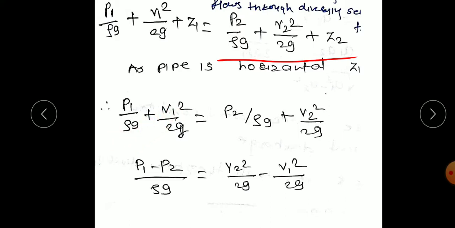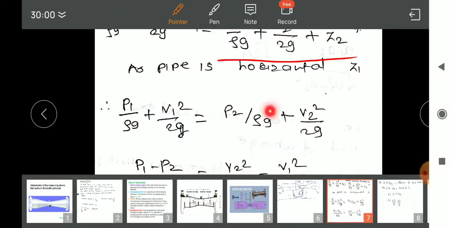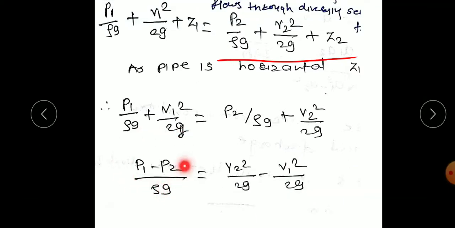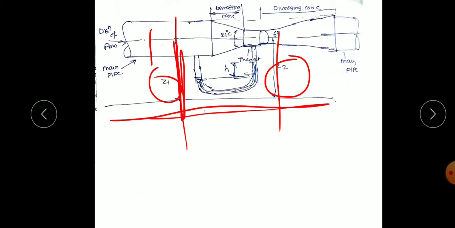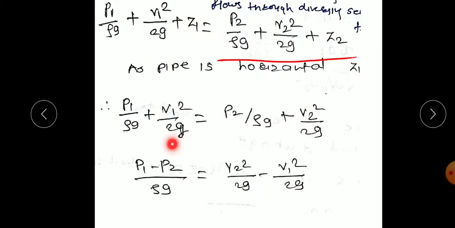Now P1 minus P2 by rho g will be equal to V2 square by 2g minus V1 square by 2g. Simplifying, P1 minus P2 by rho g is the head difference between the two pressures at the two points. P1 is the pressure at inlet, P2 is the pressure at throat.